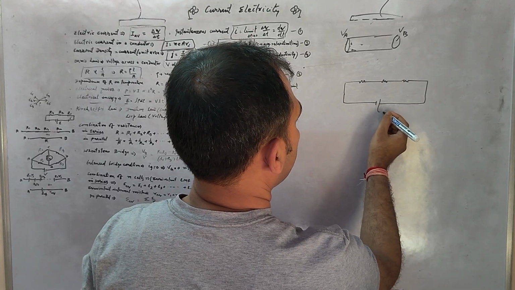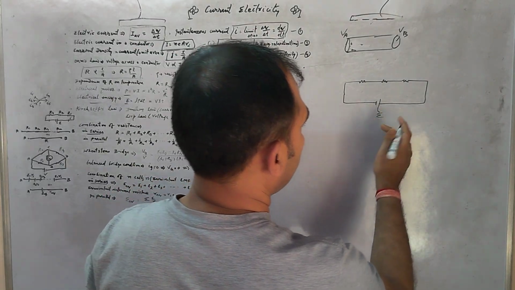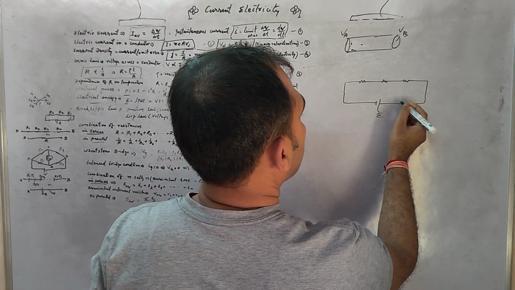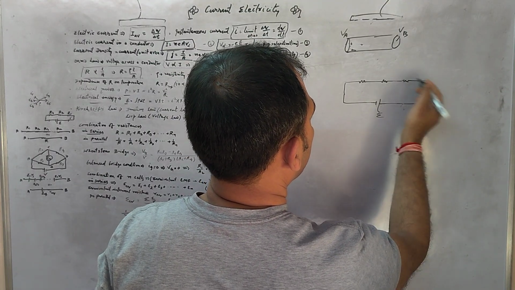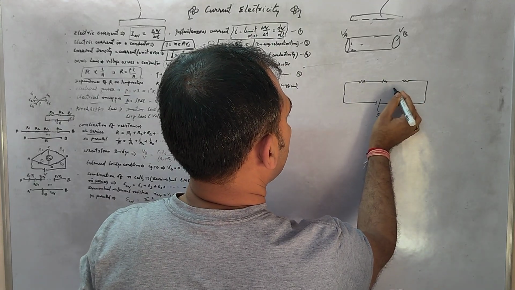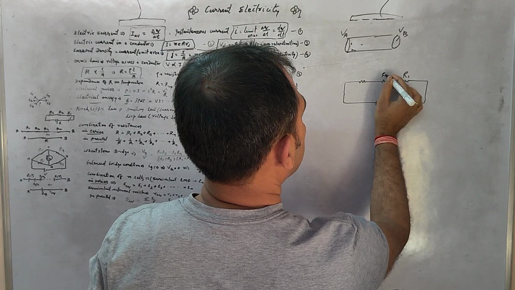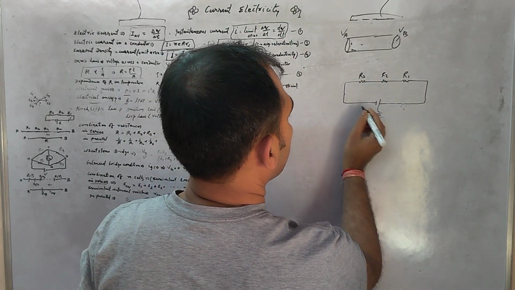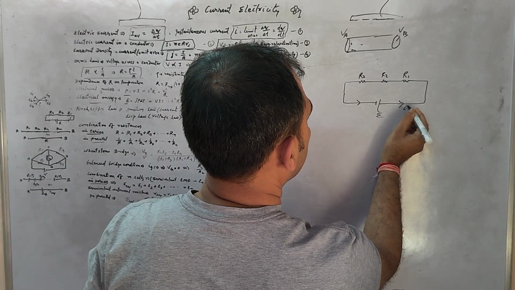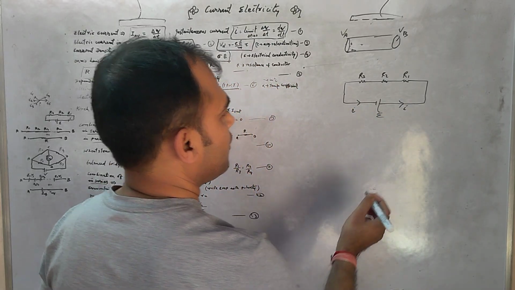So if this is the EMF of this battery or cell, and current I is flowing through this closed loop, with resistances R1, R2, R3, where I is the current in this circuit.